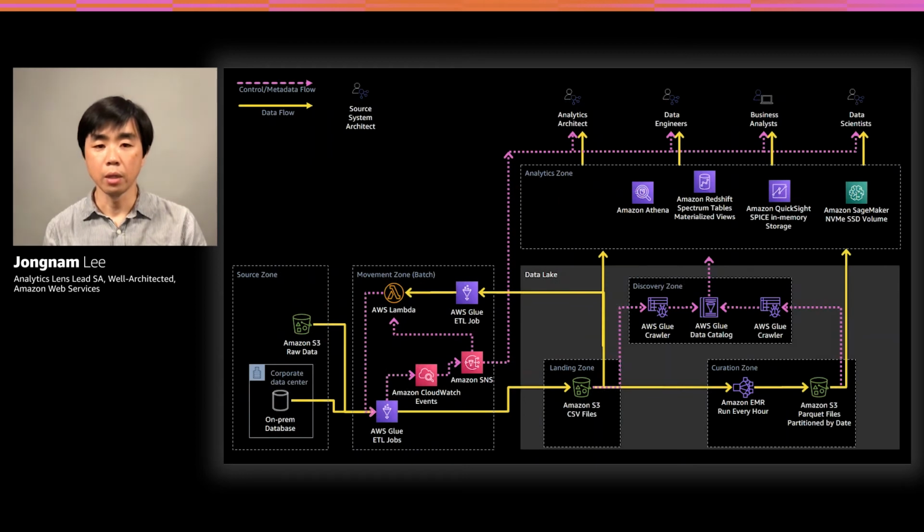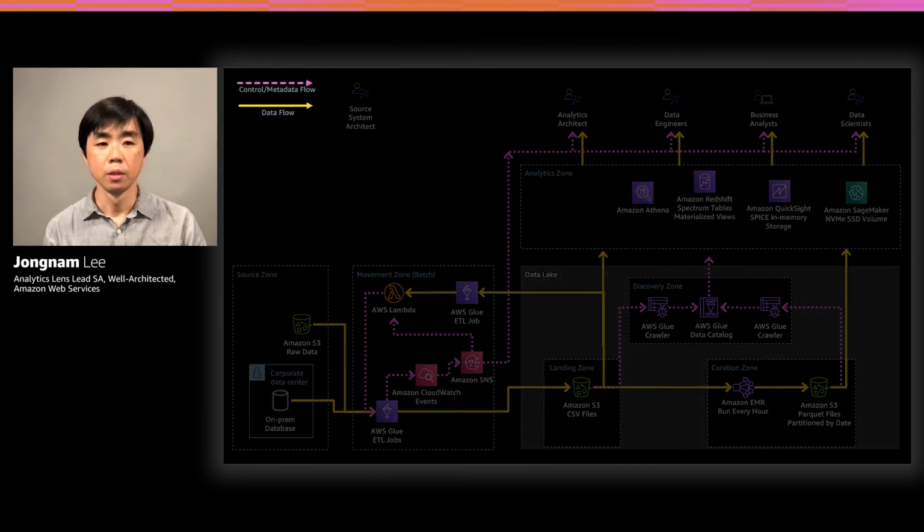What I mean in the diagram is, let's assume that the business requirement has changed. Our business owners want to see real-time analytics jobs. In this diagram, there's no such component to support real-time processing.